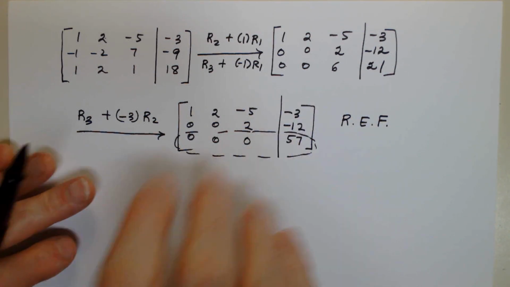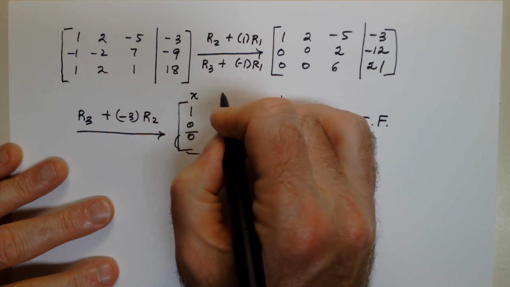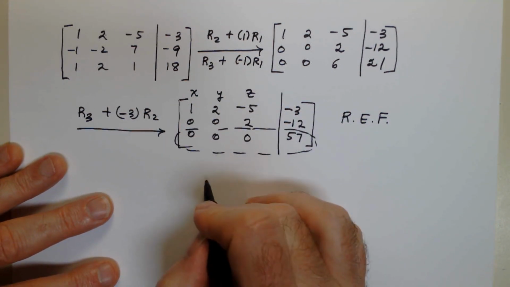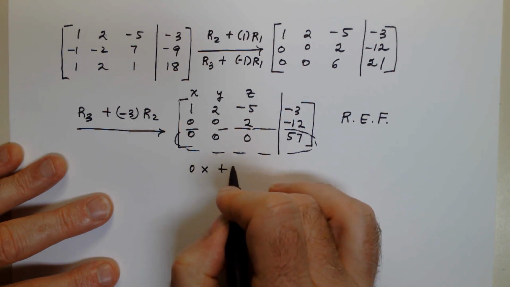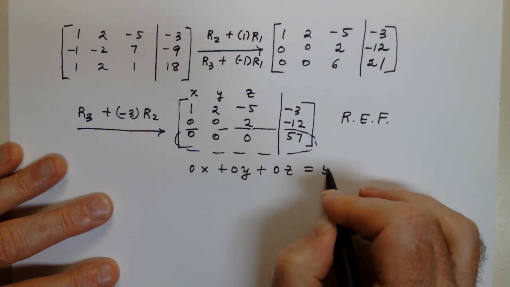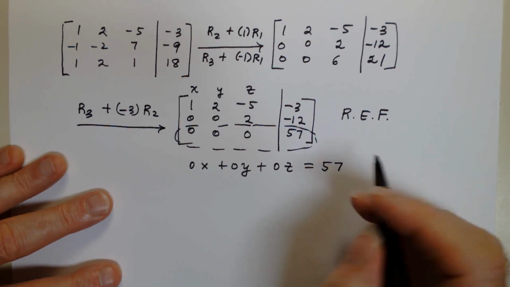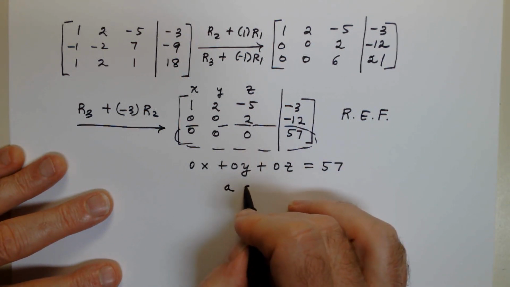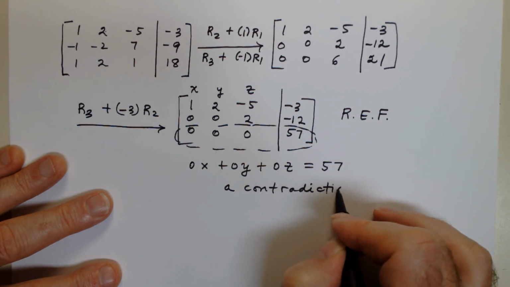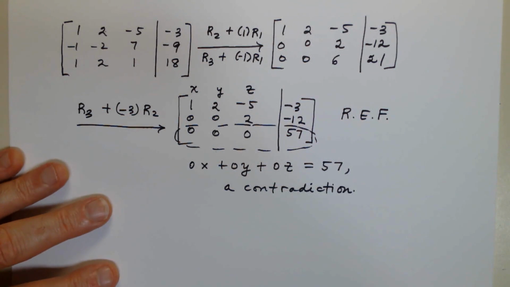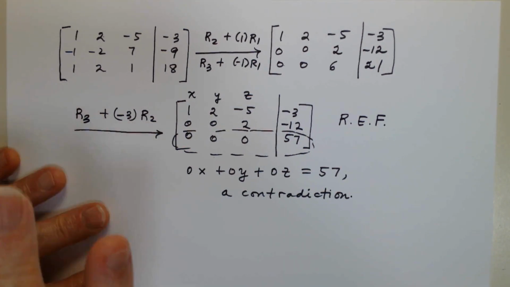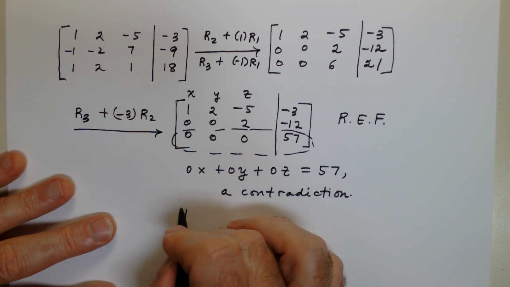And if we reinterpret this, let's say our variables are x, y, and z, this is saying 0x plus 0y plus 0z is equal to 57. And that's a contradiction. That is a sign that our system has no solutions. It's an inconsistent system.